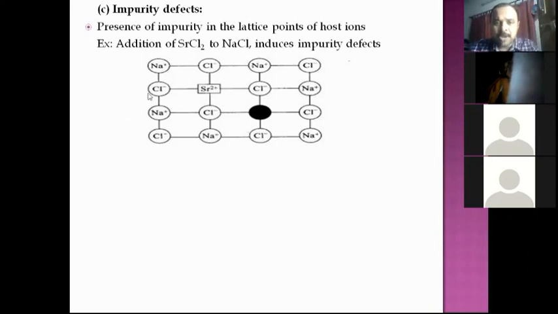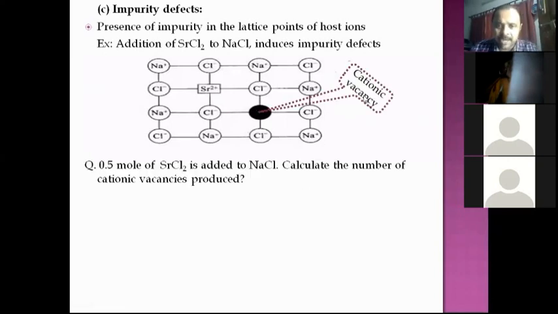One position will be occupied by Sr2+ and one Na+ position will remain vacant. So for every Sr2+ introduced, one cationic vacancy is created. If 100 Sr2+ is introduced, 100 cationic vacancies. If 1 mole of Sr2+ is introduced, obviously 1 mole of cationic vacancy, which is equal to Avogadro number of cationic vacancies, will be created. So based on this, you can see this cationic vacancy. I just have given tagging there.